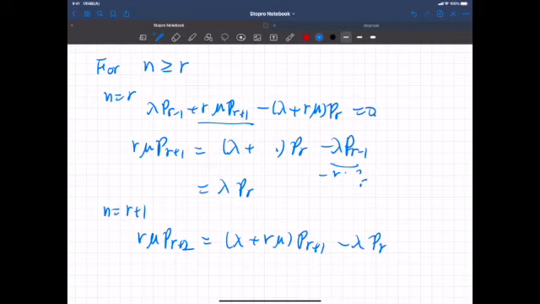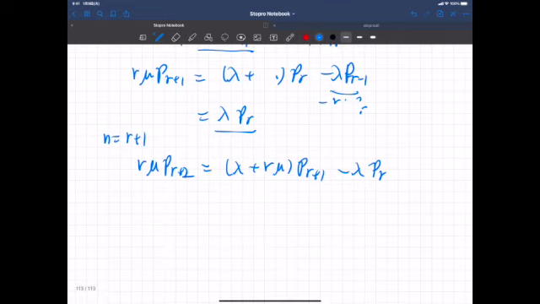But now lambda p_r is equal to r mu p_{r+1}. So this will cancel this part, and we have lambda p_{r+1}.